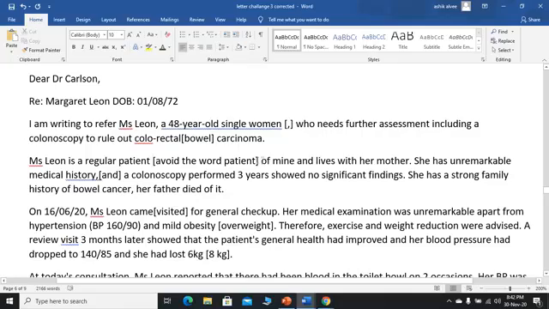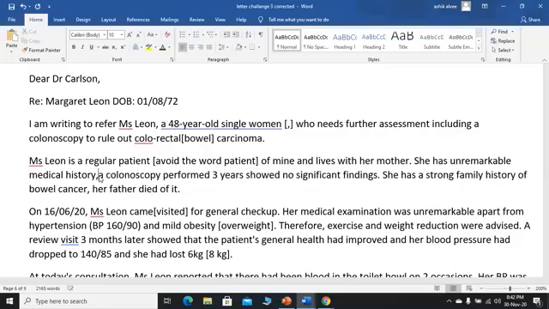Okay, Leon is a regular patient of mine. She lives with her mother. She has unremarkable medical history. The person has written she has unremarkable medical history, comma, a colonoscopy performed 3 years ago showed no significant findings.